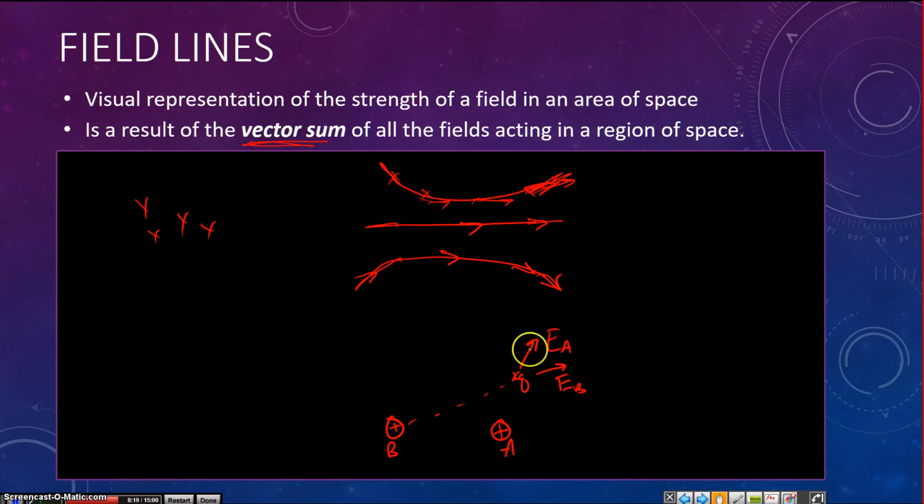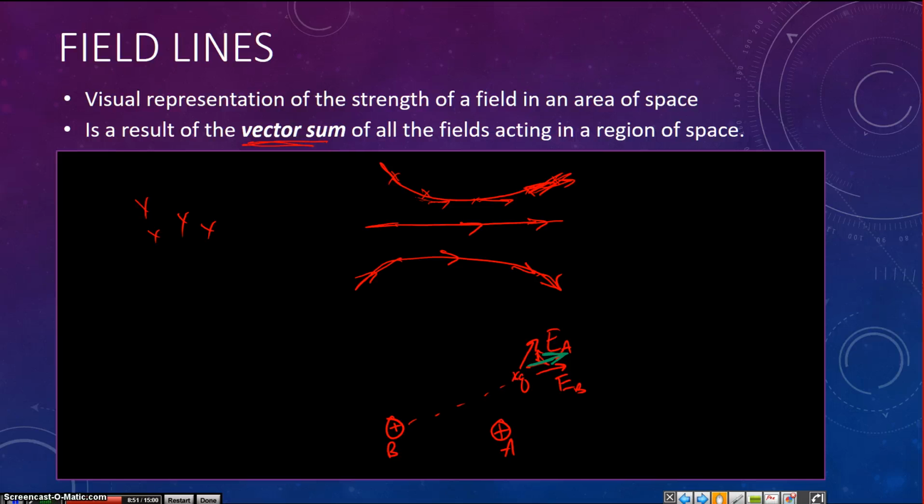Well, the net field will be the vector sum of those two vectors. So the net field, changing colors here if I can, will be going maybe in that direction. So it is a vector sum.